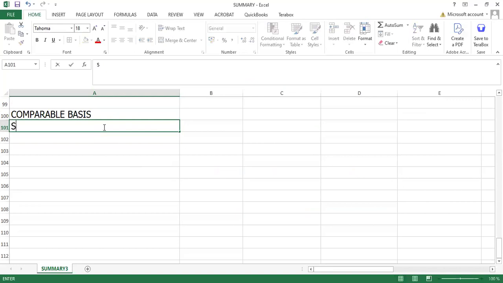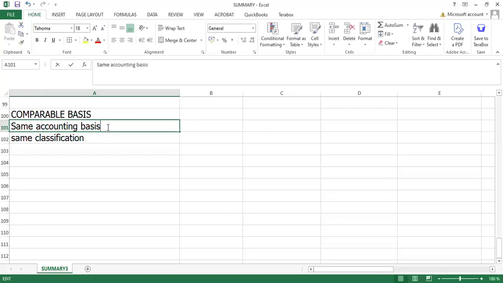It means that we are looking at the same accounting, whatever you're doing as you prepare your budget, the actual and the budget. You are using the same accounting basis. You are using the same classification.